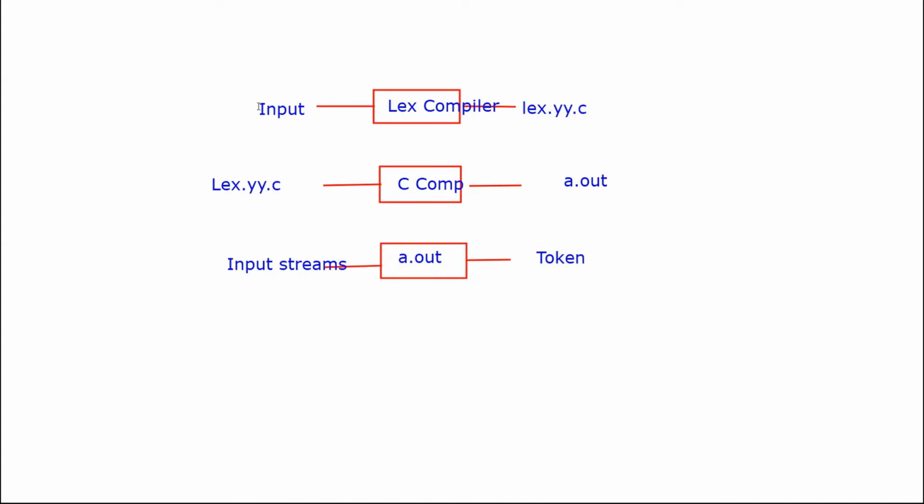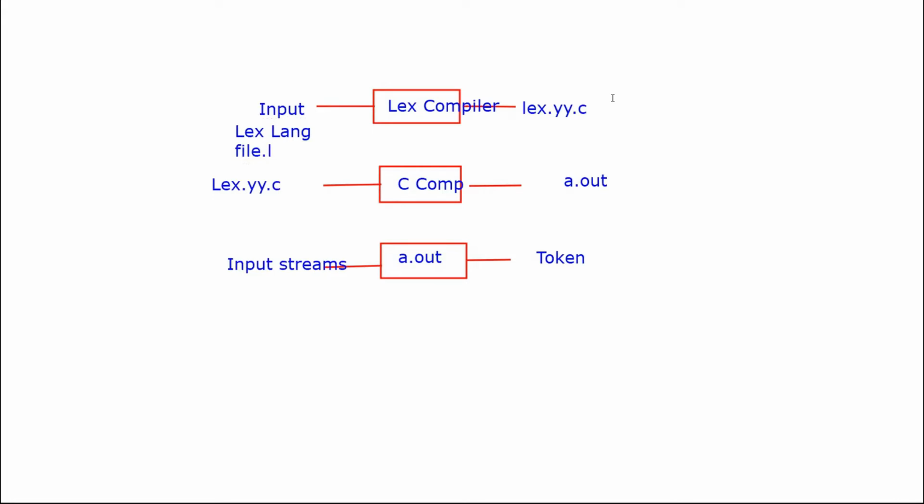Now the input we are talking about here, the input is in the form of Lex language. This program is in the form of Lex language, and the file you create for it, the file extension should be .l. Fine. So the Lex compiler is the first step. It takes the Lex language program, and the extension for that program should be .l, and it generates the C language file that is called lex.yy.c. So basically what is stored in lex.yy.c is the transition diagram, but in the form of C language code.